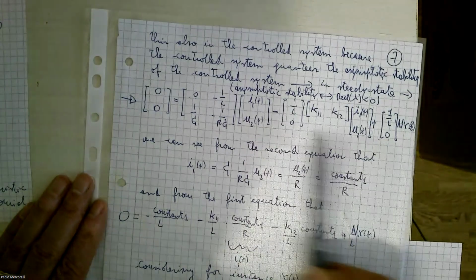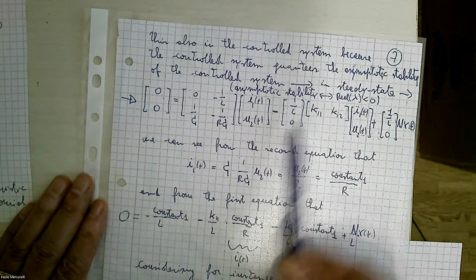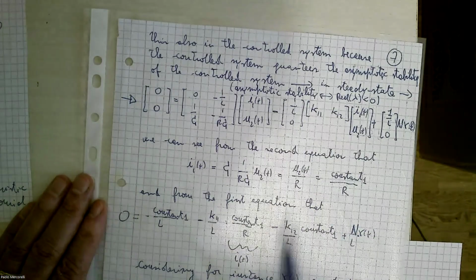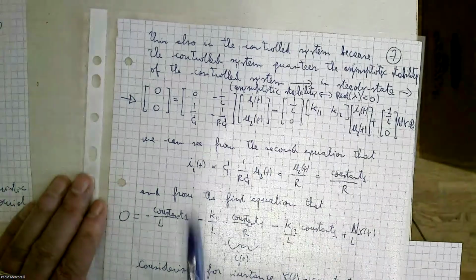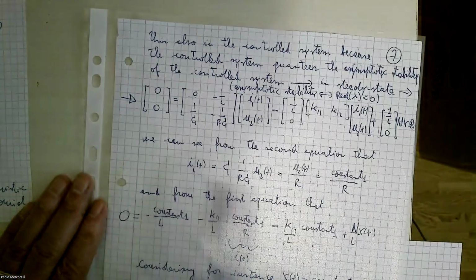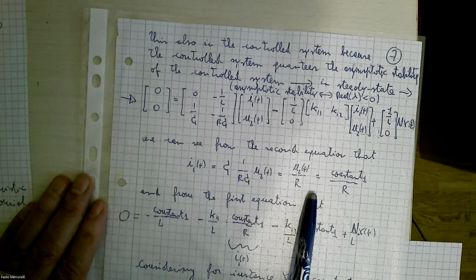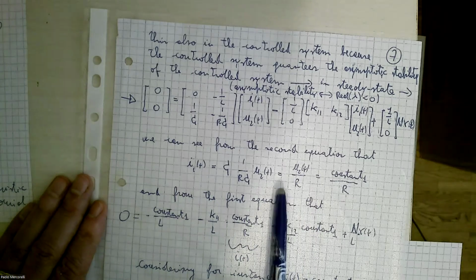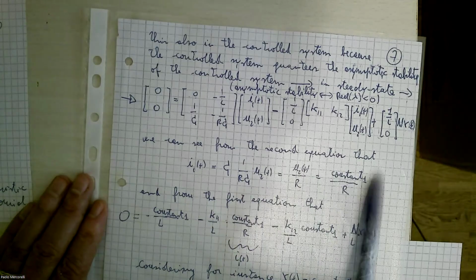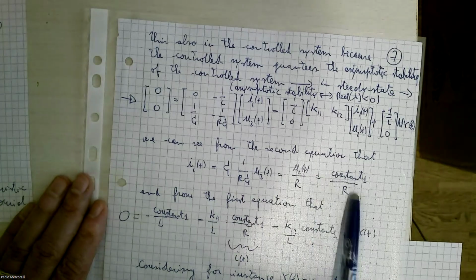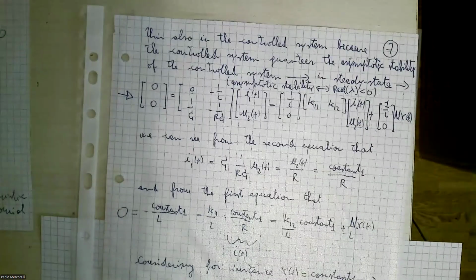This row with this column is 0, so we have a matrix with K11 divided by L, K12 divided by L, and then 0 0 in the second line. This means this equation can be justified by this product. At the end, I1 is U2 divided by R, because C cancels with C. Or, if you like, constant 1 divided by R, which is also constant 2.